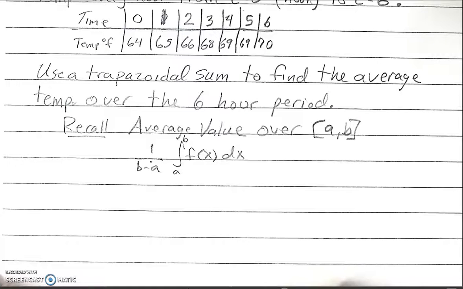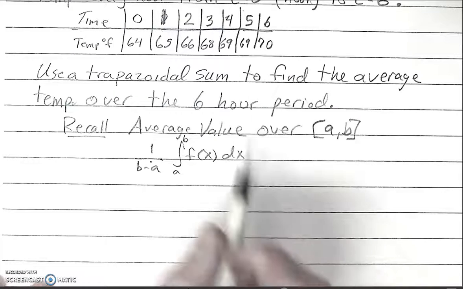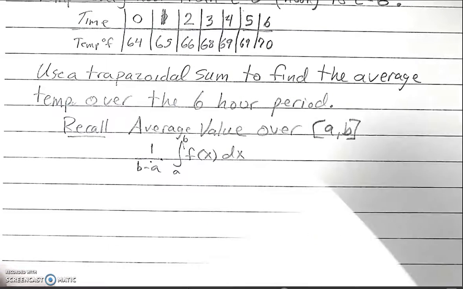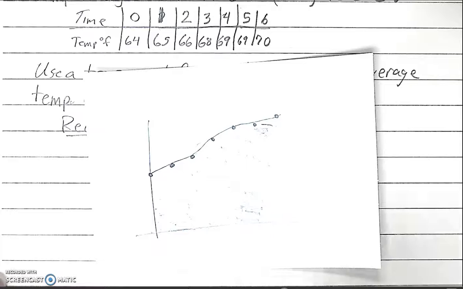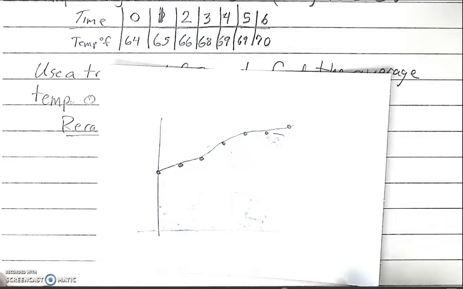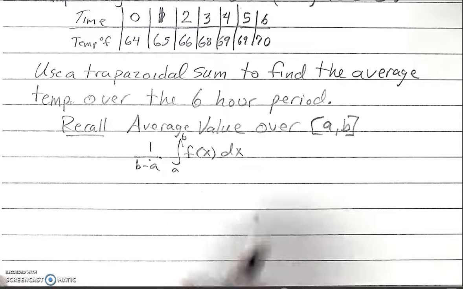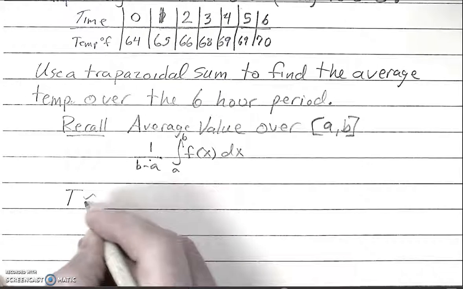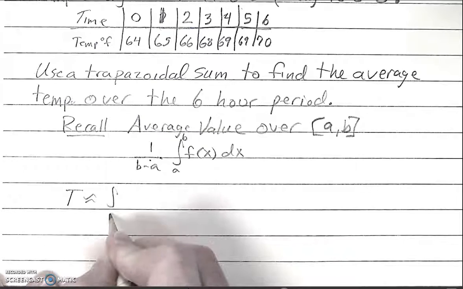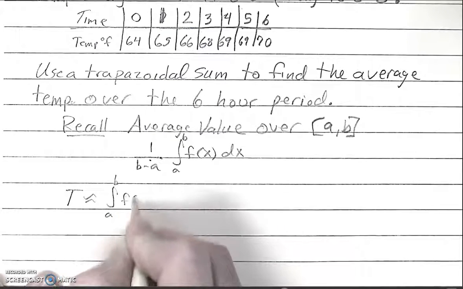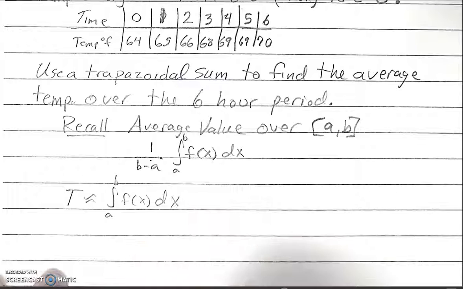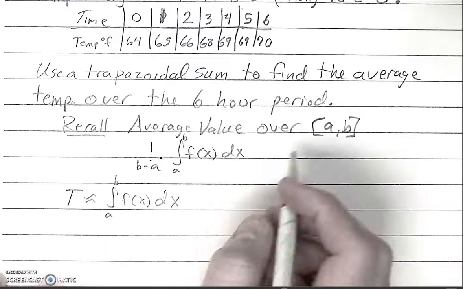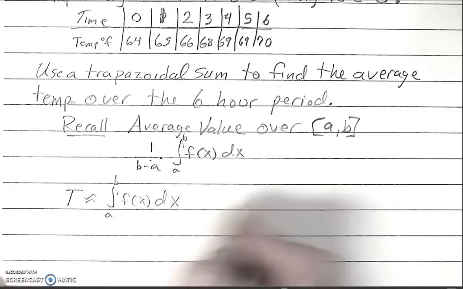Okay? But remember, all we have here is data points, which we then can make look like a continuous function. So a trapezoidal sum is actually going to be an approximation of this part of the integral.